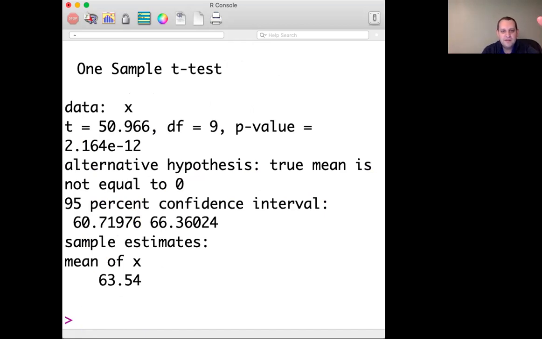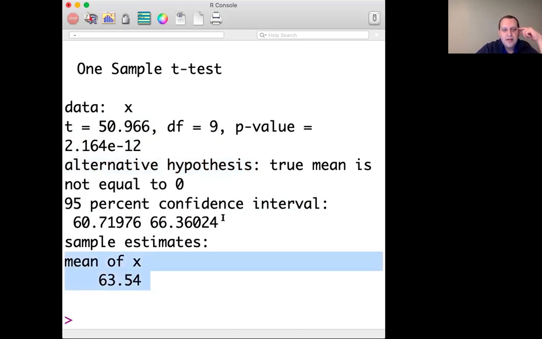By hand we found 60.72 to 66.36. This is more precise than what we had. By the way, ignore the p-value and the alternative hypothesis. We'll talk about those in chapter 9. Don't worry about it.